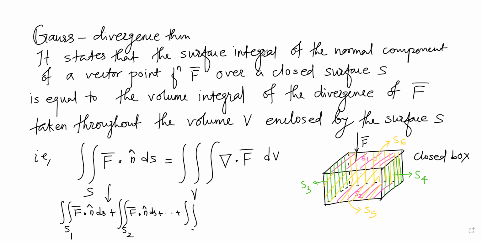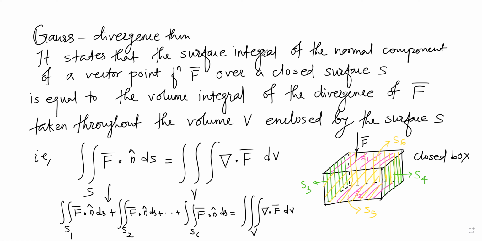I'll calculate it for six surfaces, no? So this is f bar dot n cap ds. This is equal to, instead of calculating the surface integral for every surface, you just calculate the volume integration of del dot f bar, divergence of f bar, dv.